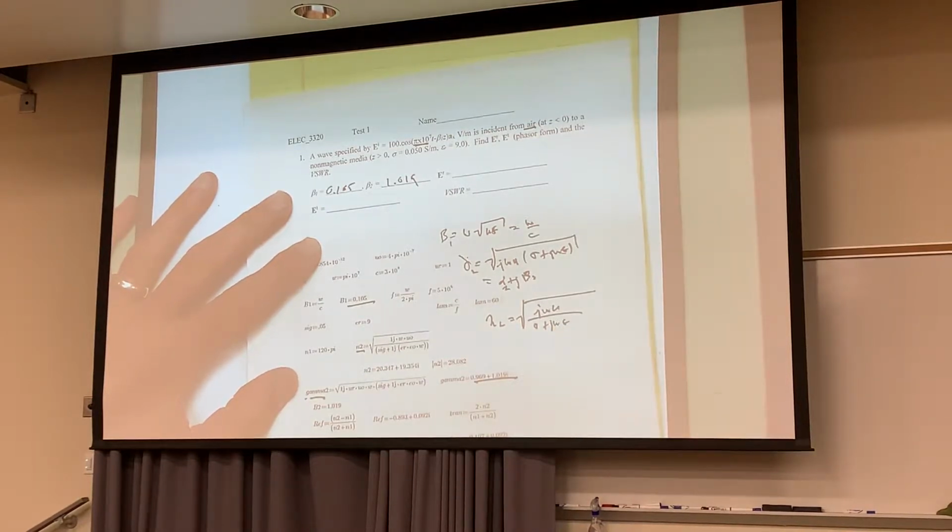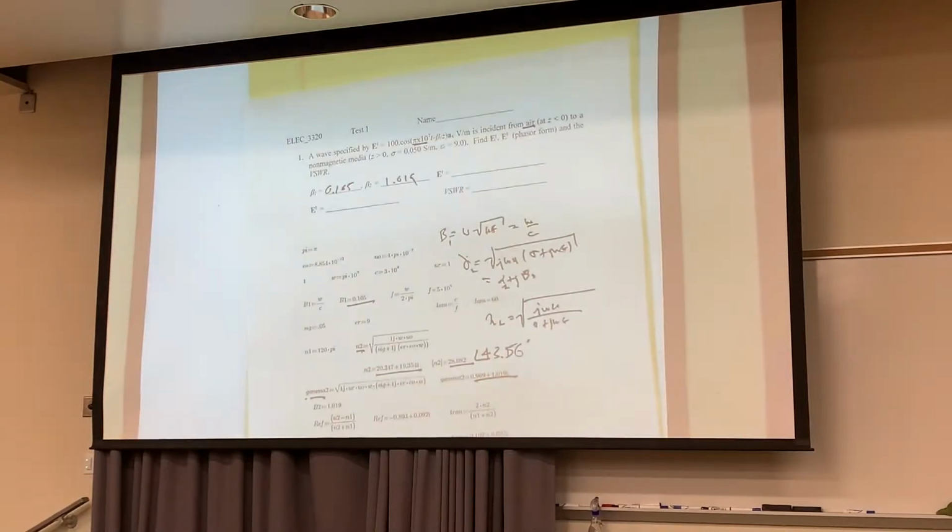I think we all know that, right? So this is it right here, eta 2. And it comes out to this at an angle. Where is that angle? 43.56, yeah, that's right, and that becomes very important.